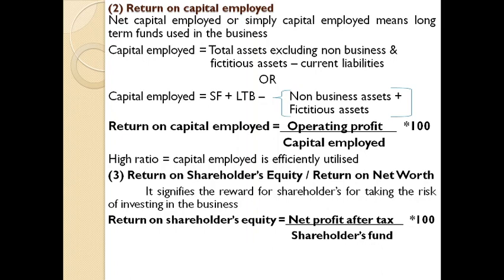If you have any losses, you need to deduct such accumulated losses. And regarding net profit, you need to take net profit after deducting tax, because here we are studying the returns of shareholders, and only after adjusting all expenses and taxes, the remaining amount is eligible for the shareholders.